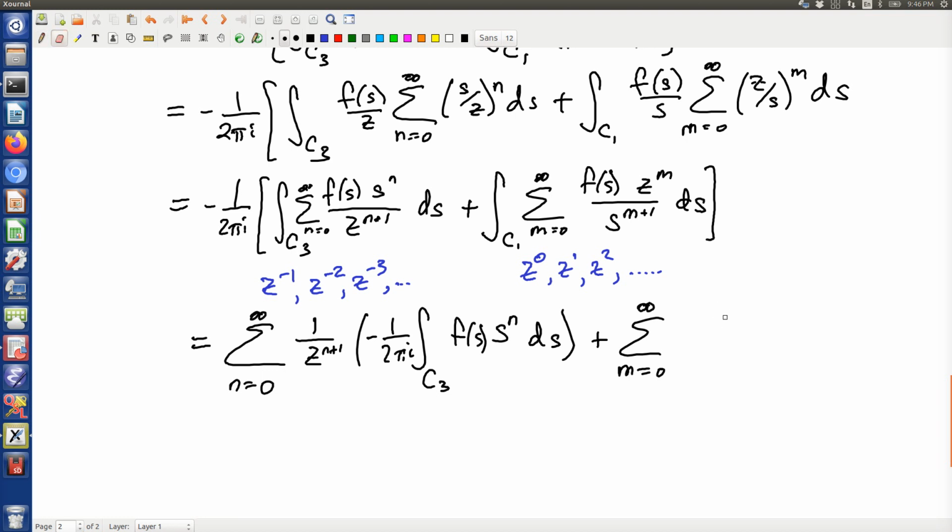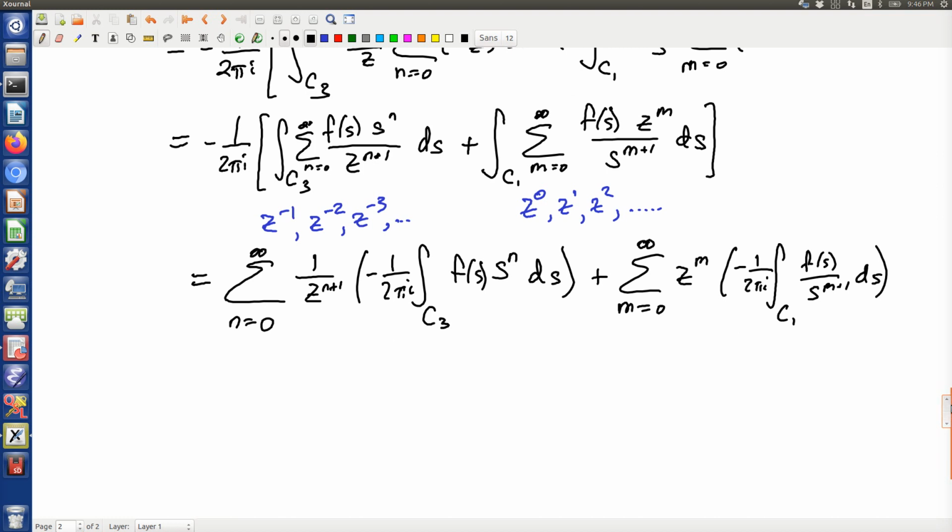Oops, that's not what I meant to write. z to the m with this minus 1 over 2 pi i integral C1 f of s over s to the m plus 1 ds. Okay, so that looks pretty decent.